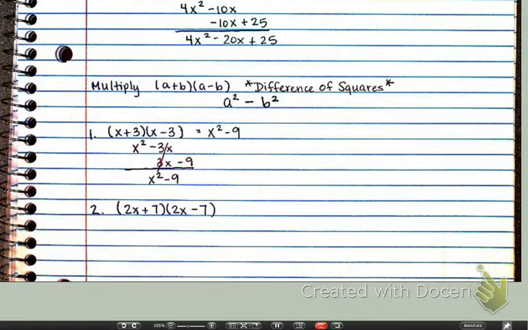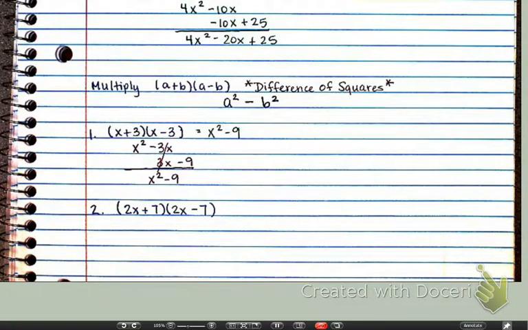So you can either use the trick or you can distribute or use the box. How many people went straight to the trick?